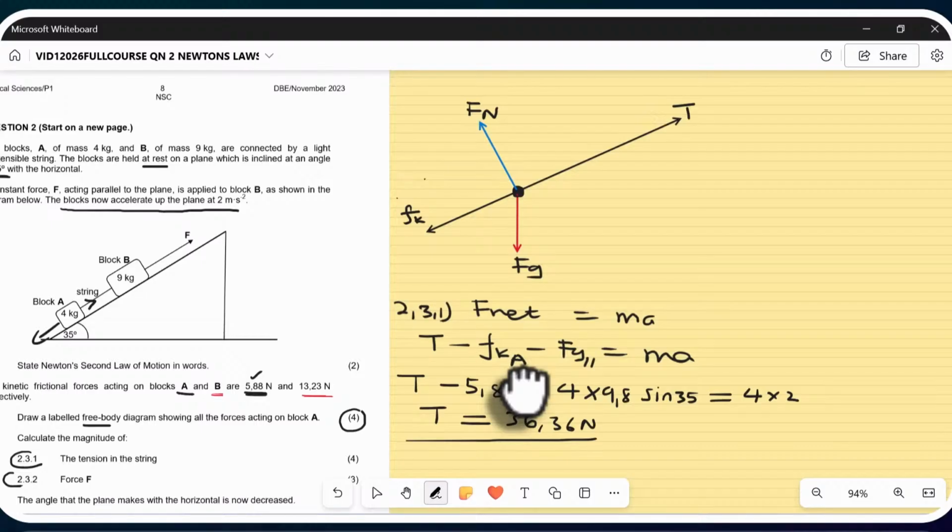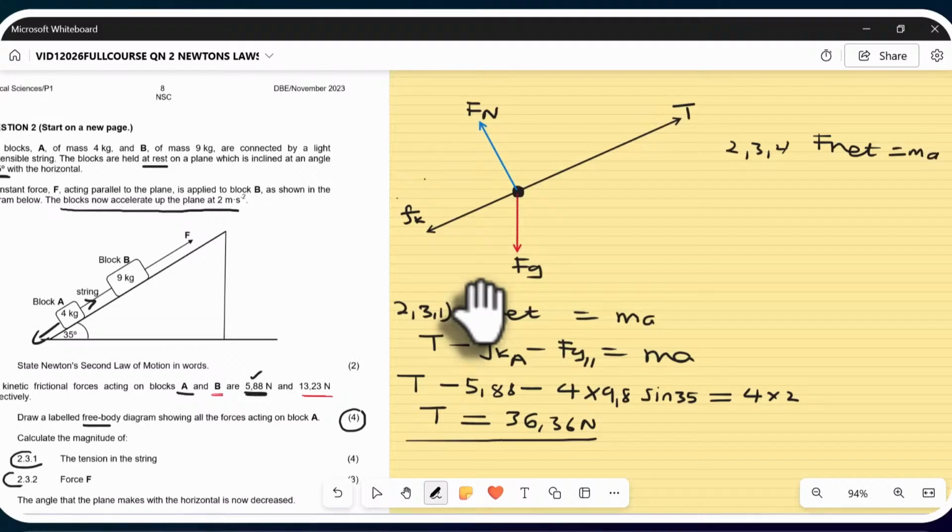If we say F net equals MA for block B, what do you think we are gonna do here now, guys? Now it is the force F, this one, which is pulling the block B, opposed by the tension. Now the tension on block B is upwards.